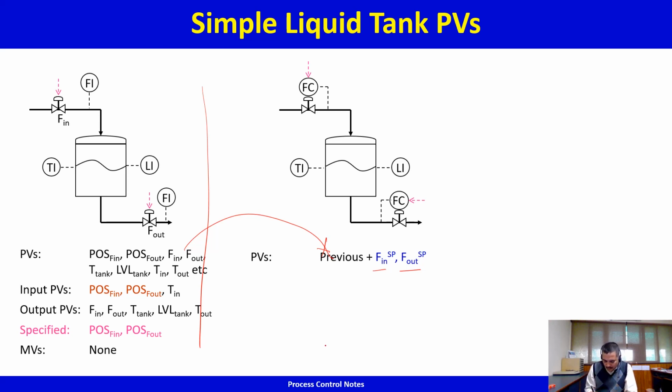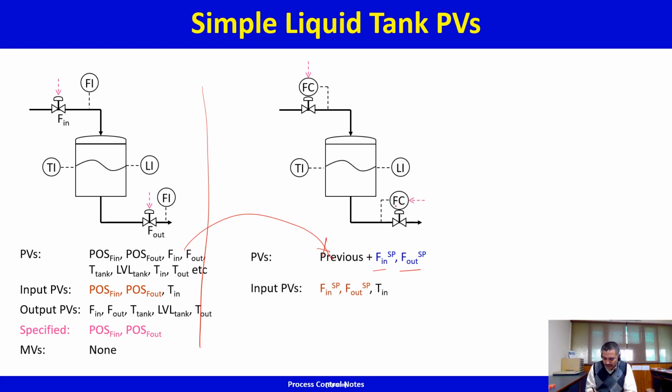Notice that now user is specifying Fin and Fout set points, and the respective flow controllers are adjusting the valve positions. So the valve positions are not being specified by the user. In fact, these are now calculated variables or dependent variables or affected variables.